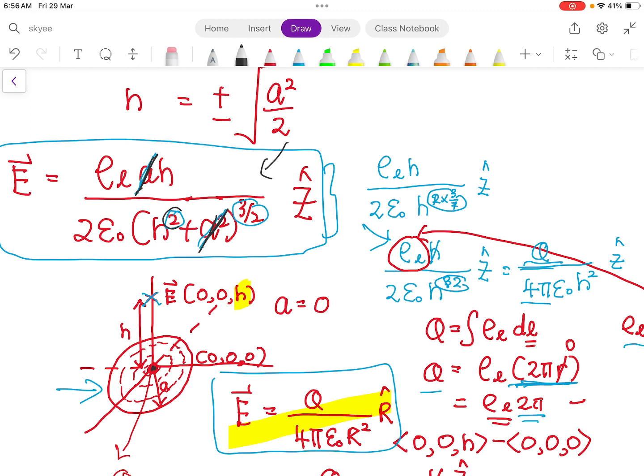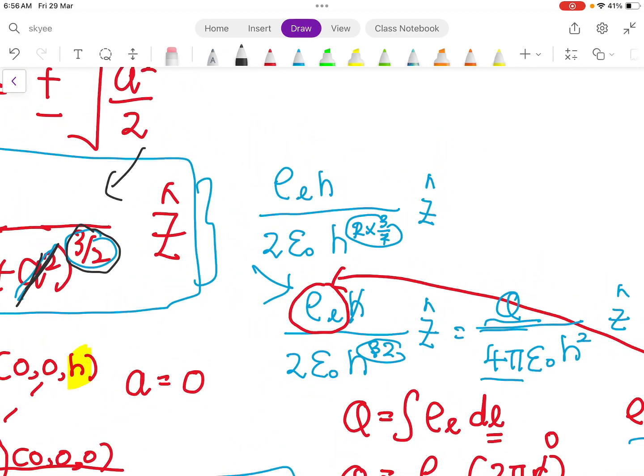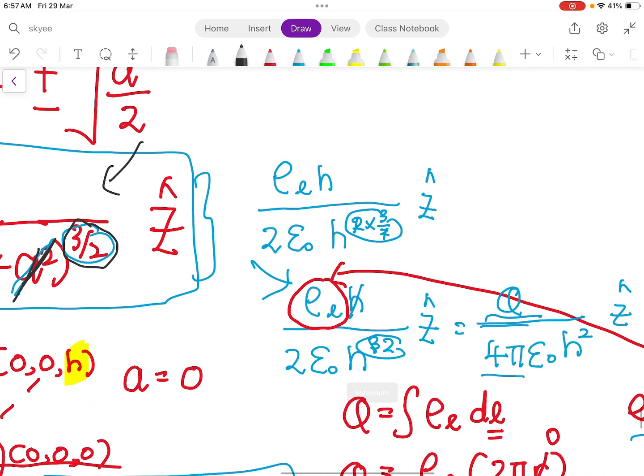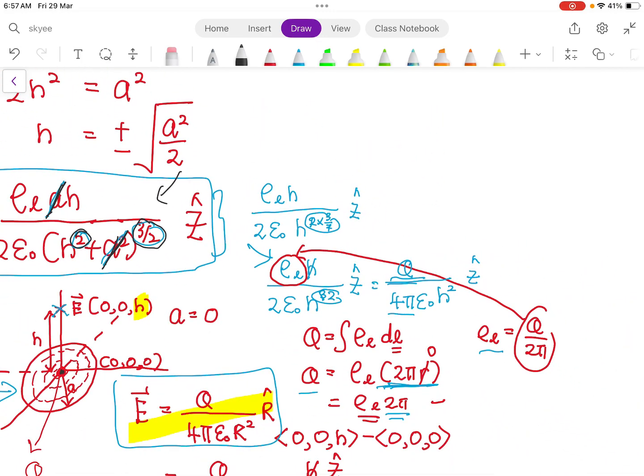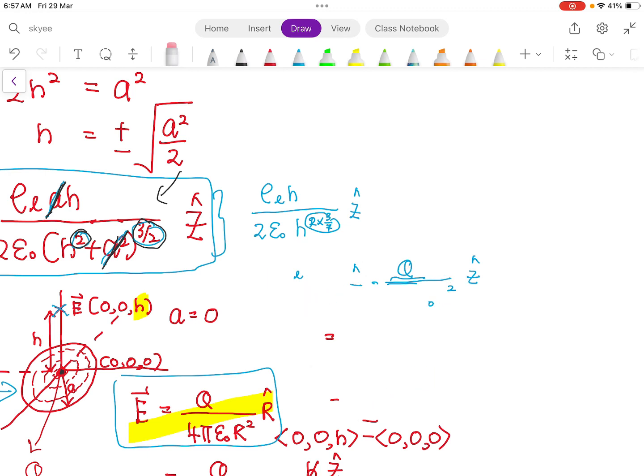And this thing, you can simplify with the term over here, to get this one. It's a bit messy. I think maybe I will write it again and do it again.